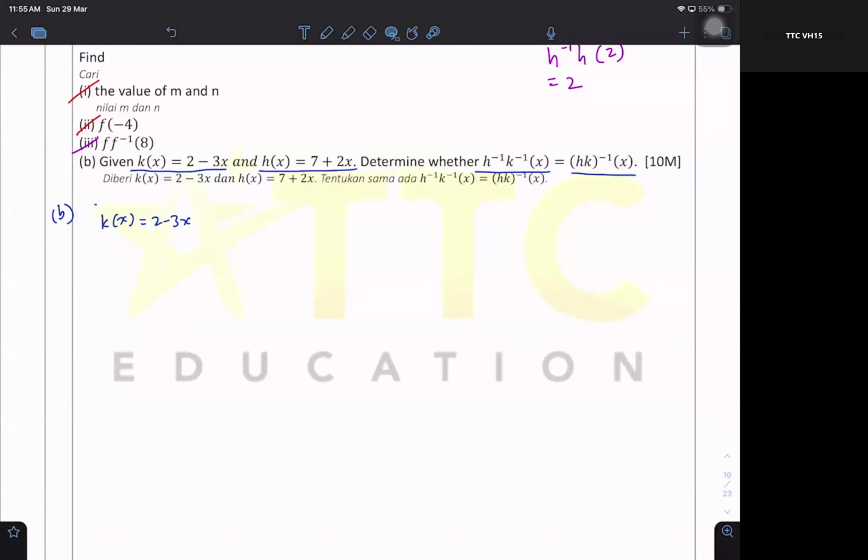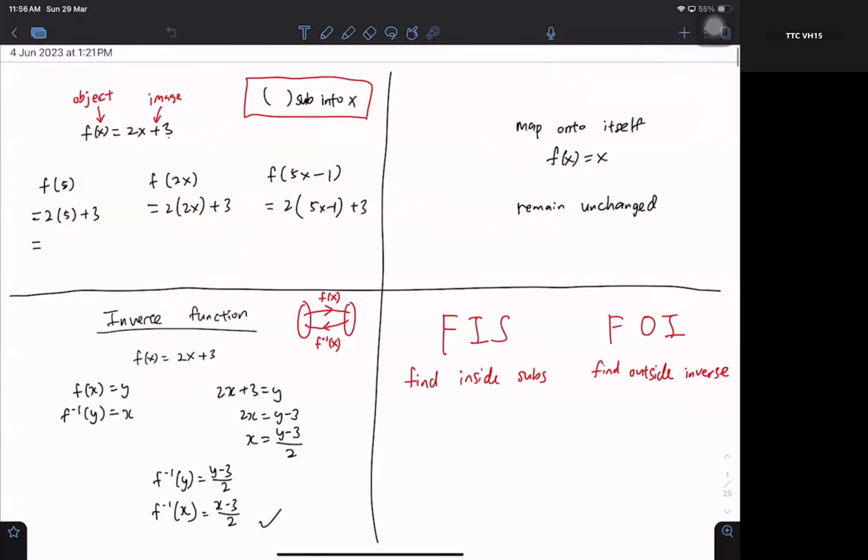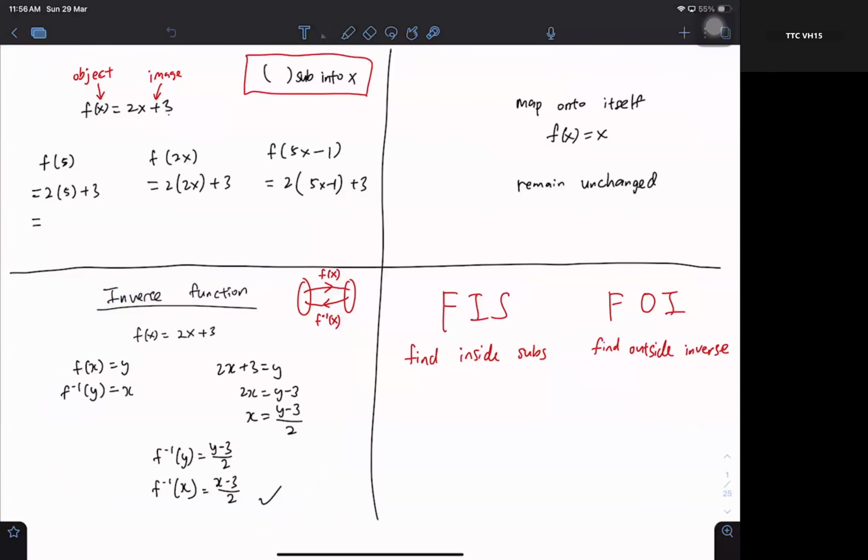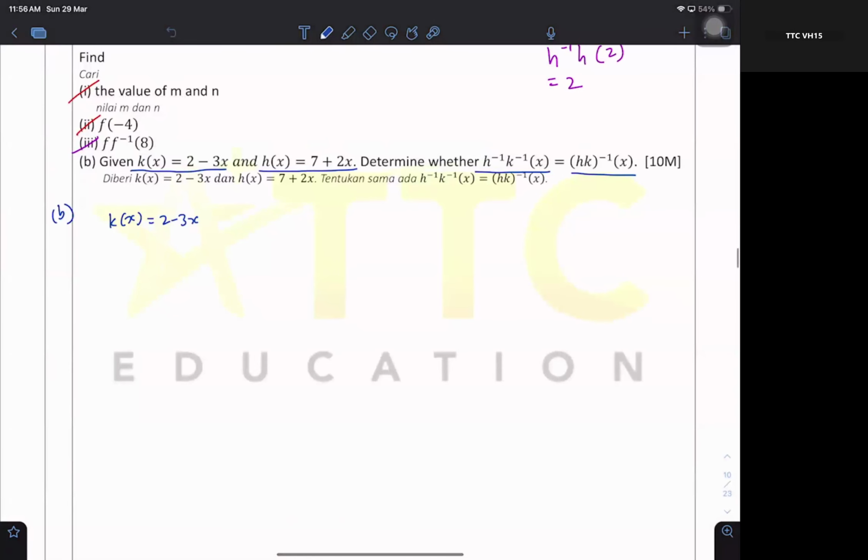Do you still remember how to find inverse function? I'm sure you can remember. Okay, so left-hand side equal y, right-hand side equal y. x and y switch, it becomes inverse function.